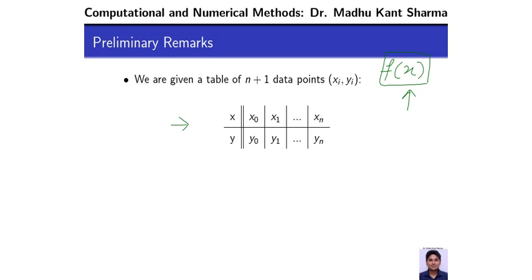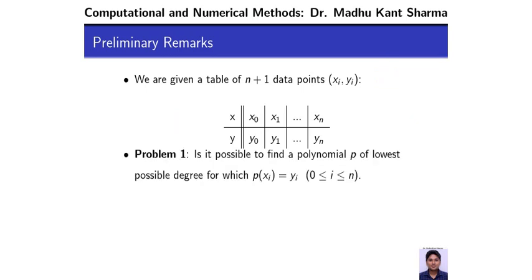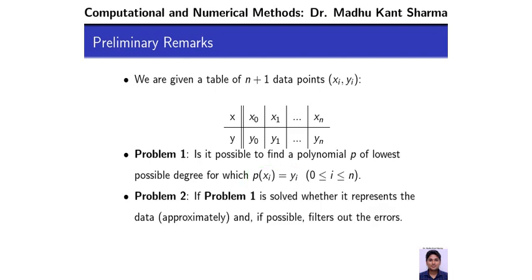So what is our problem? The first problem is whether it is possible to find a polynomial p of lowest degree for which the interpolating condition matches, p of xi equals yi. Okay, suppose problem 1 is solved. Then whether it represents the data approximately, meaning whether it really approximates the function itself, and if possible whether it filters out the errors.